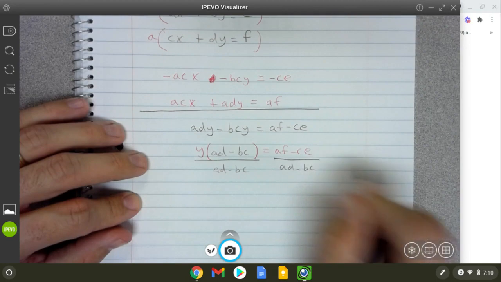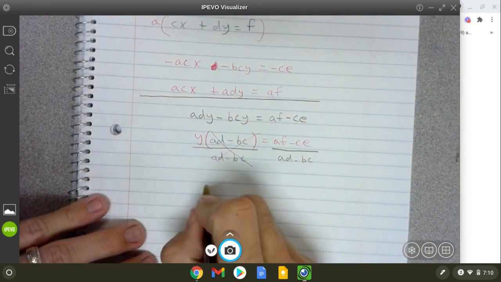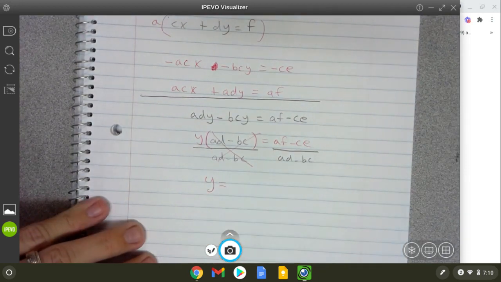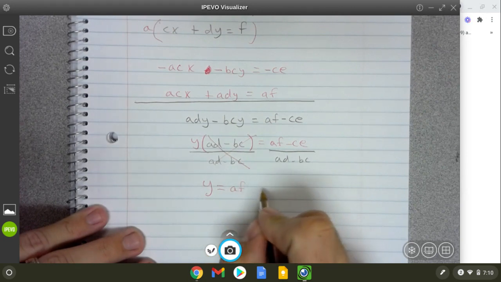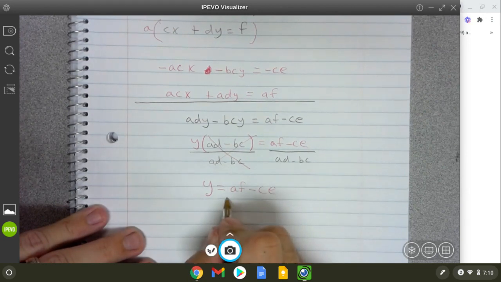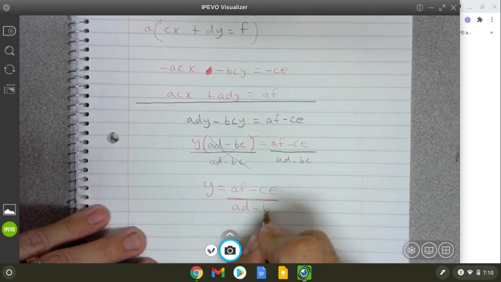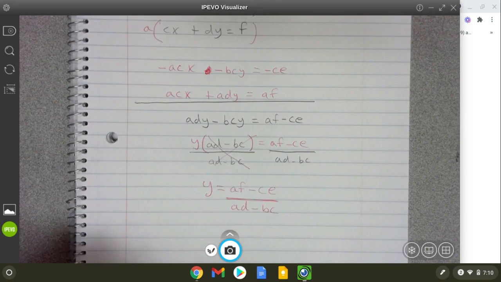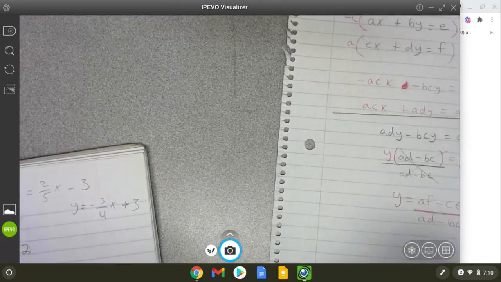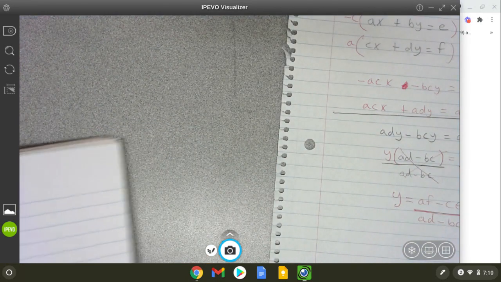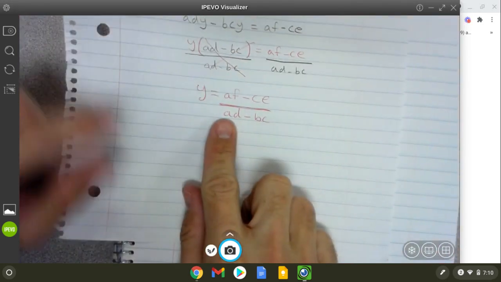So these are going to cancel, and you're going to get y equals AF minus CE over AD minus BC. I'm going to hold on to this. So I got it solved for y.